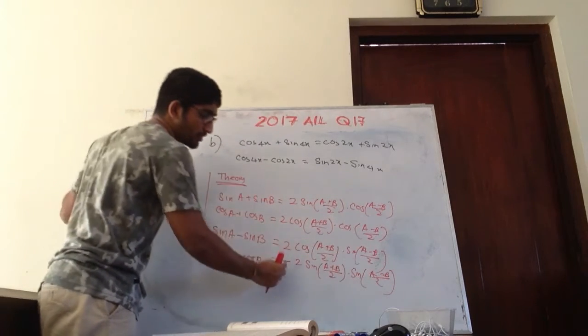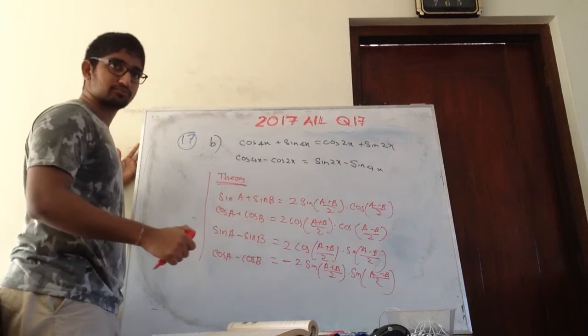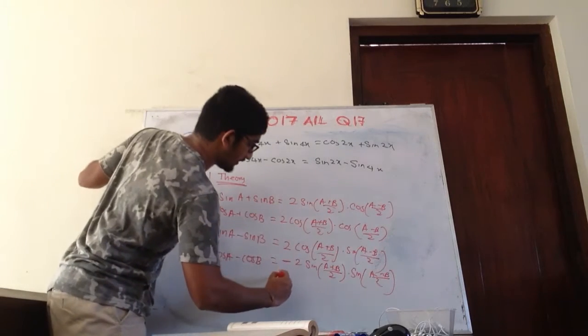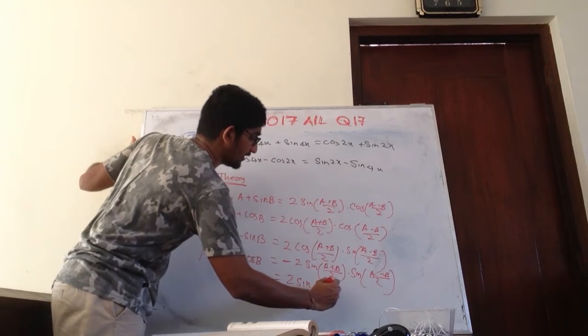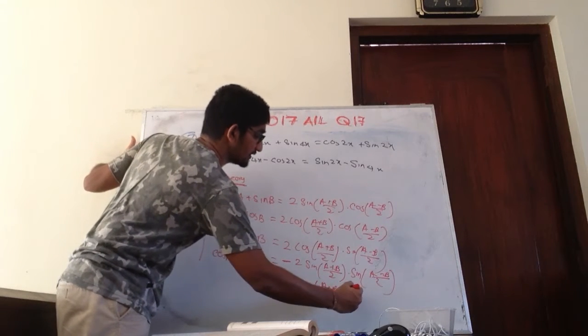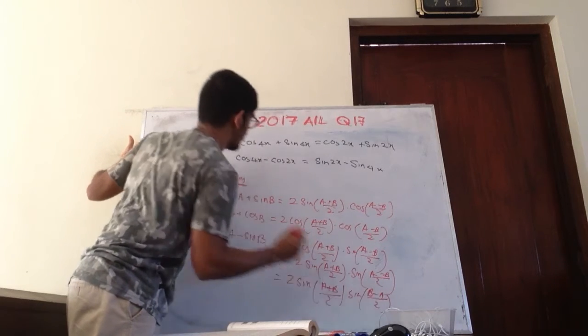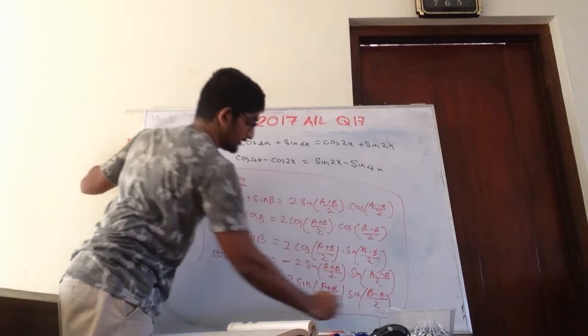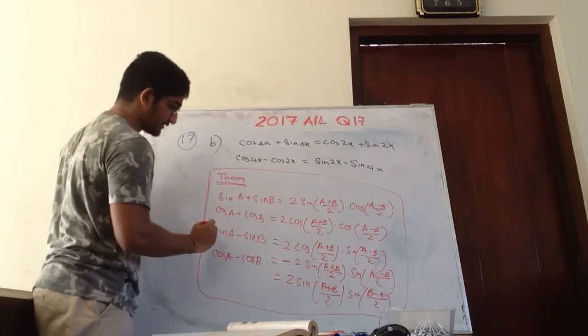Or else you can put the minus inside here and write sin (B minus A) over 2. So another way to write this is 2 sin (A plus B) over 2 sin (B minus A) over 2. So this is a theory reminder. So in this sum what we will need is these two.